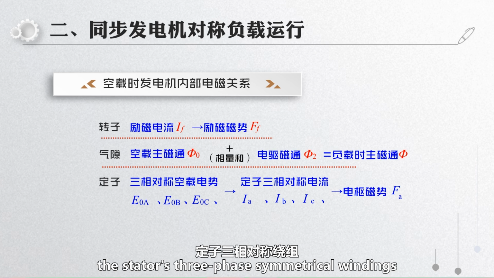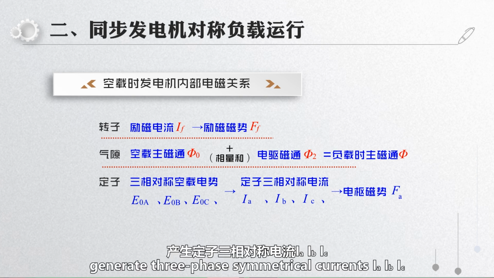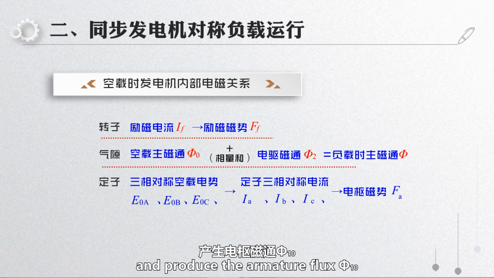The stator's three-phase symmetrical windings induce three-phase symmetrical no-load voltages E0A, E0B, E0C, generate three-phase symmetrical currents IA, IB, IC, produce the armature magnetomotive force FA, and produce the armature flux phi1A.